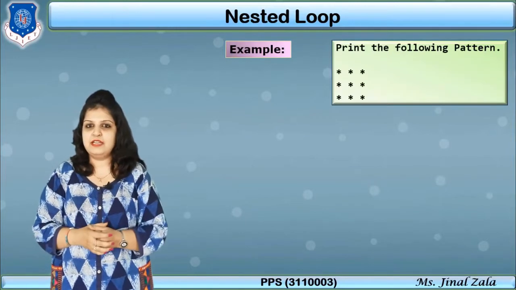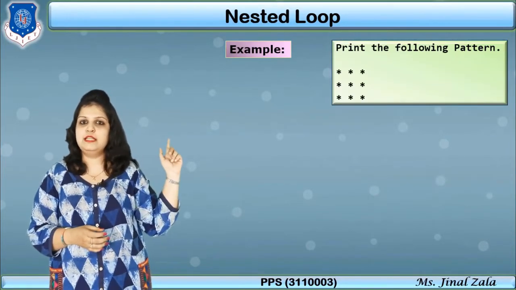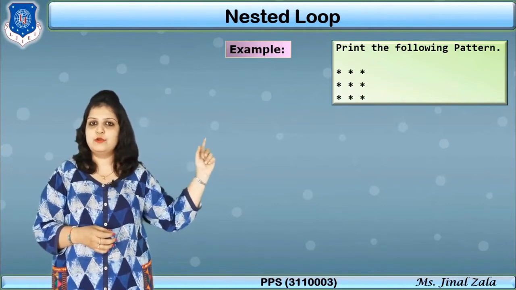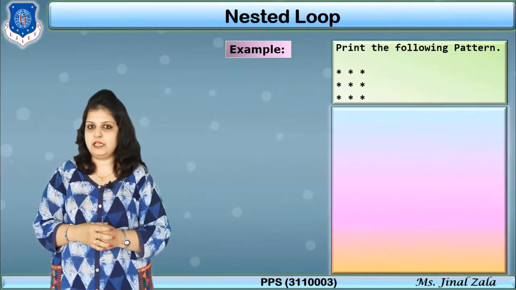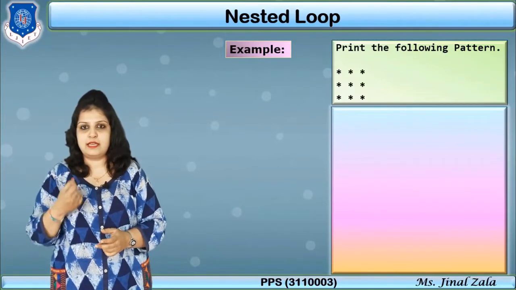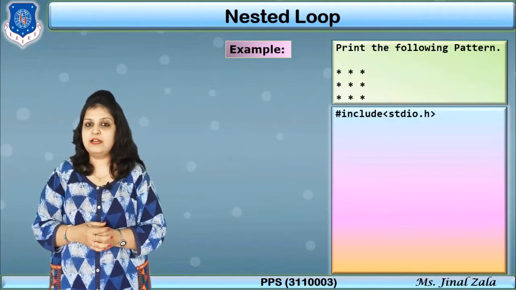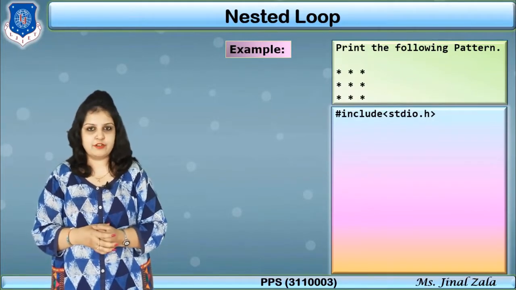The question says to print the following pattern, and here you can see the pattern has 3 rows and 3 columns, and in these 3 rows and columns we have to print the star sign. First include the header file, then write the main function.